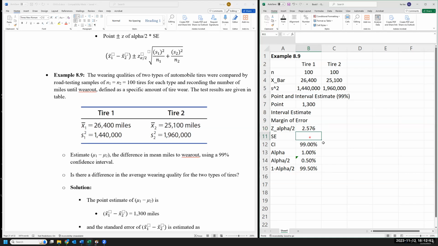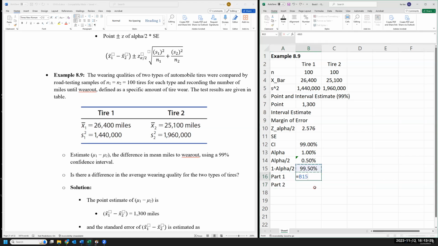Okay. The next thing we've got to calculate is the standard error. And the standard error formula is right here: the square root of s1 squared divided by n1 plus s2 squared divided by n2. Well, we have s1 squared and s2 squared. We have to divide by n1 and n2 and square root it. See if we could do it in one line. If you can't do it in one line, we could do it in separate lines. I'm going to do part 1 and part 2.